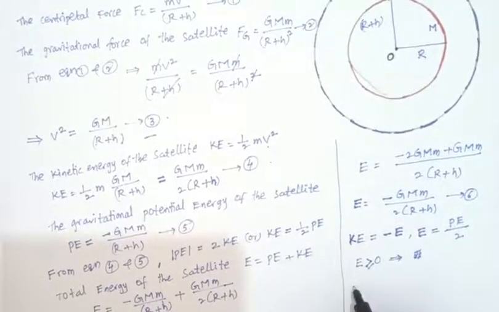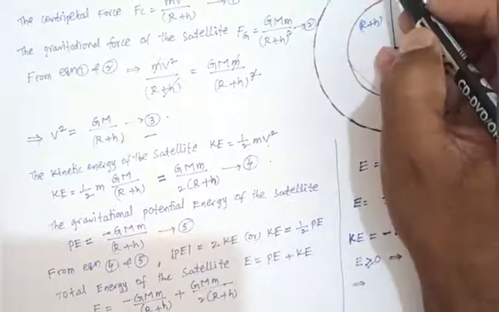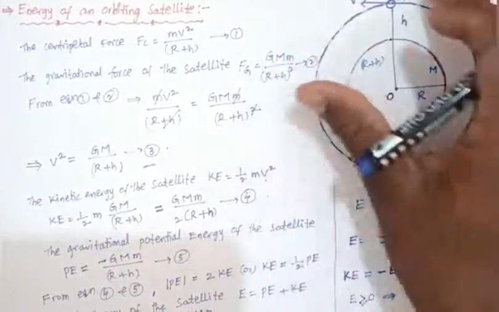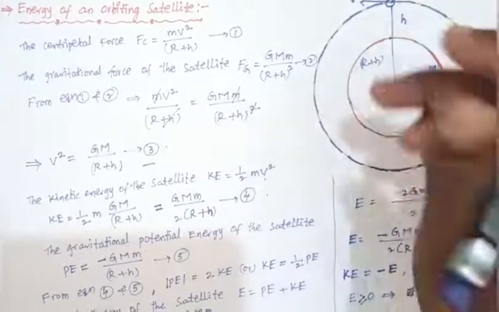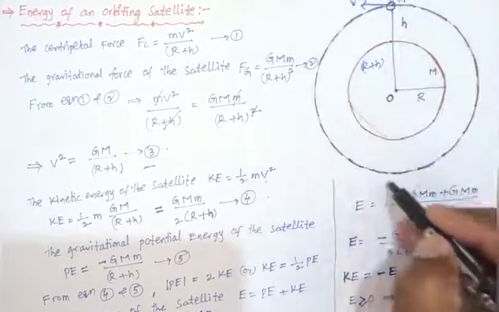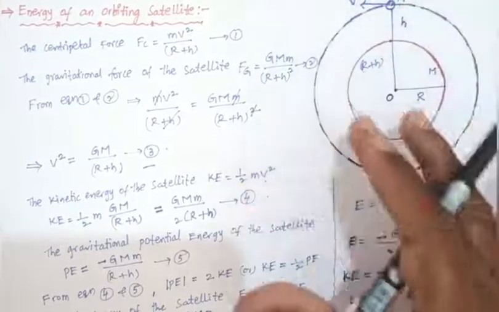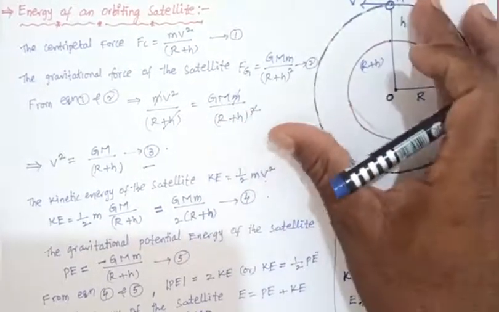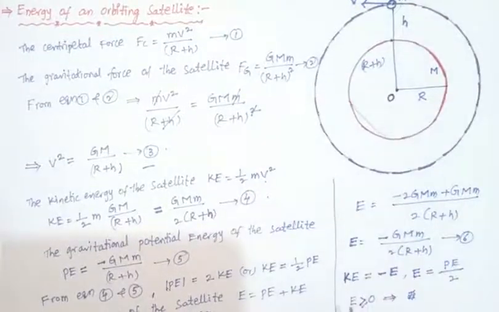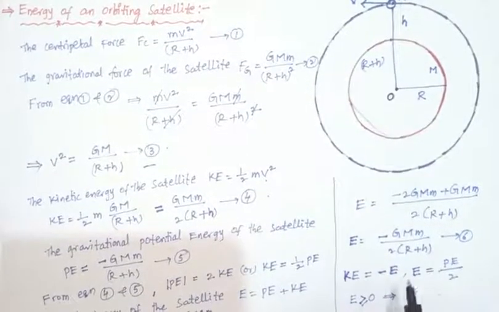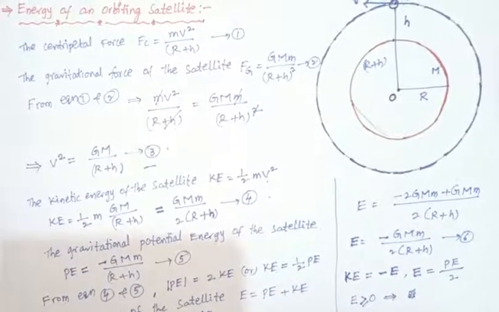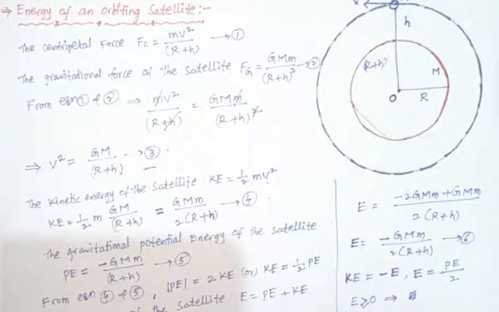But we are considering a satellite in a circular or elliptical orbit. It revolves around the earth continuously, so we consider the satellites to be always at a finite distance.